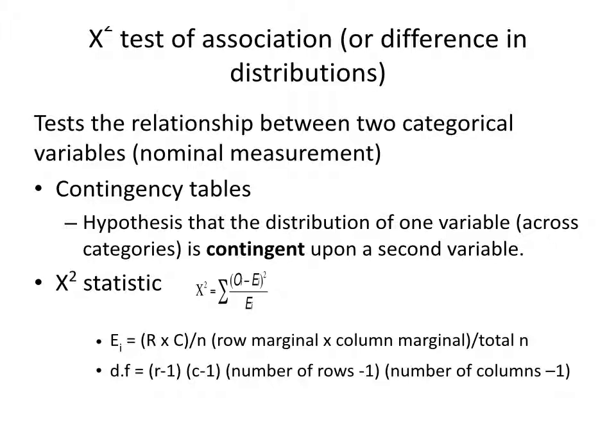So the chi-square test, as I say, is normally called a test of association, but I'm proposing that we think of it as a test of the difference in distributions. It tests the relationship between two categorical variables, usually representing nominal measurement, such as sex or size preference or location, state, for example.